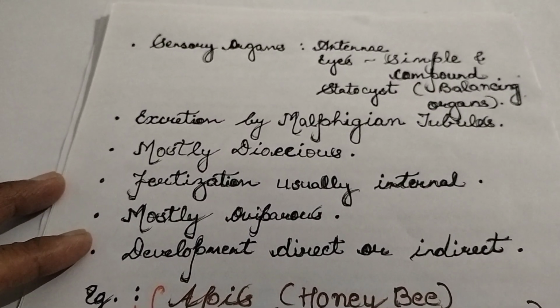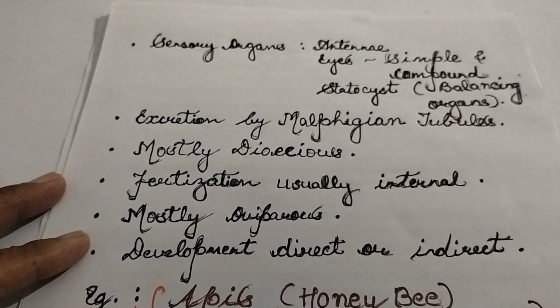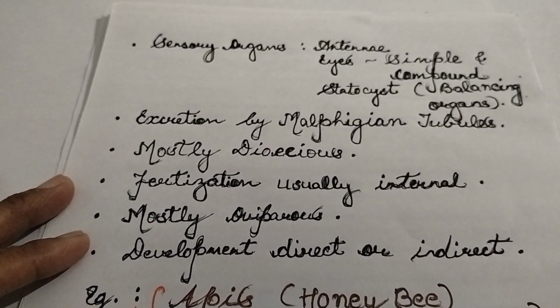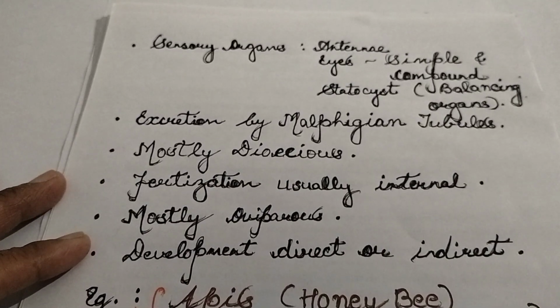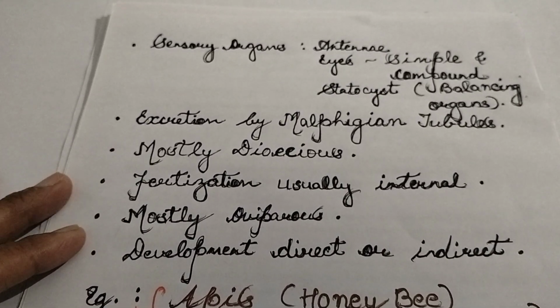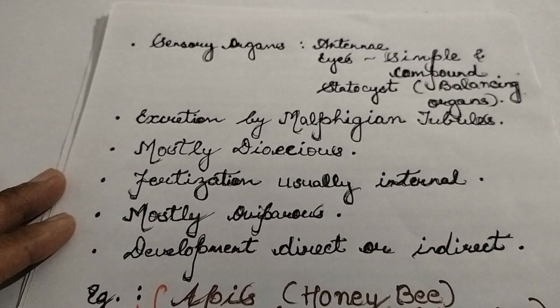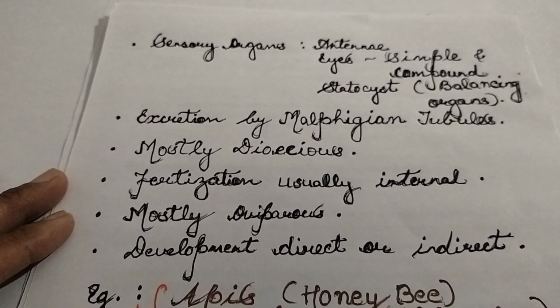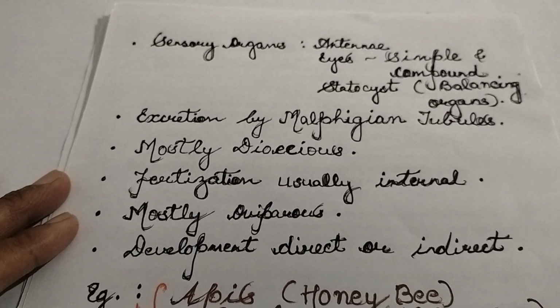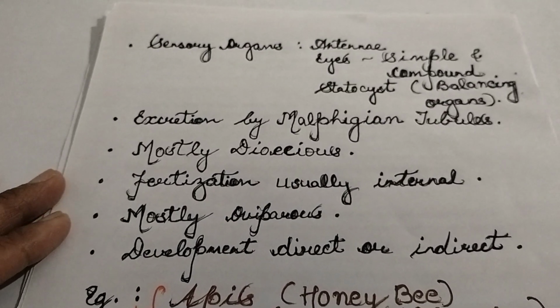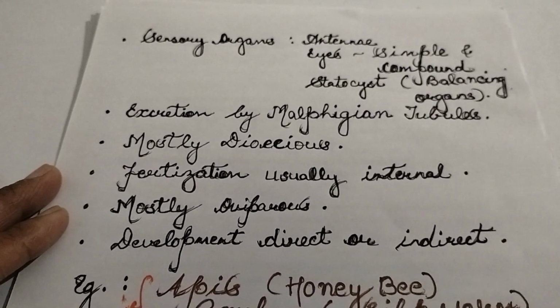Oviparous means those animals which reproduce and lay eggs, and these eggs develop into adult forms. So such animals are called oviparous, which lay eggs. So arthropods are mostly oviparous.